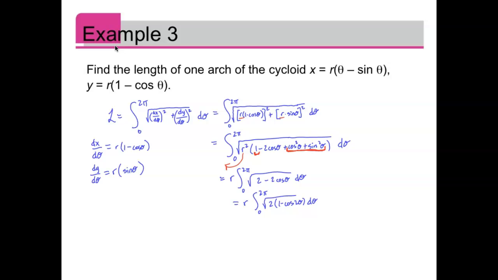Here's the identity I'm going to actually use. It's a sine squared identity. Sine squared of x is 1/2 times 1 minus cosine of 2x.